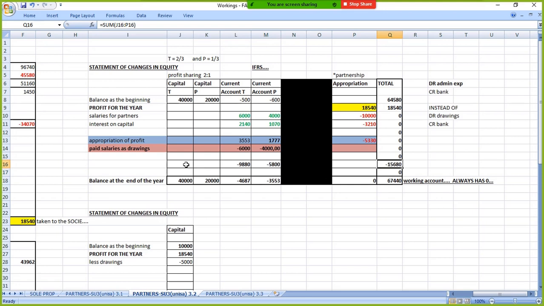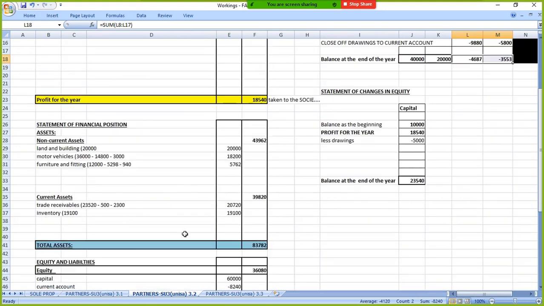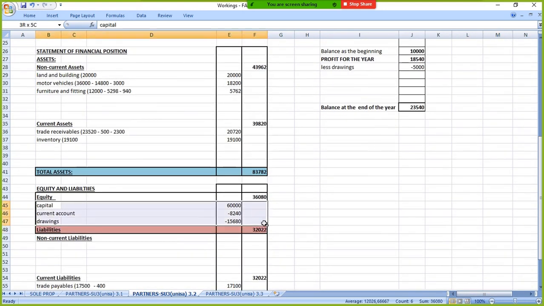Okay, and you would say close off drawings to current accounts. Right, and then those totals will update, and then you will fix the disclosure on the face. Right, because the disclosure will be different now, obviously, because you don't have the drawings.